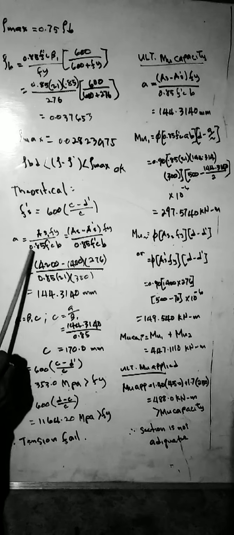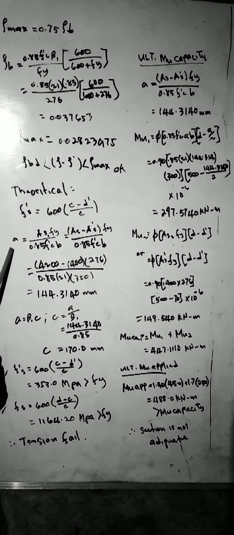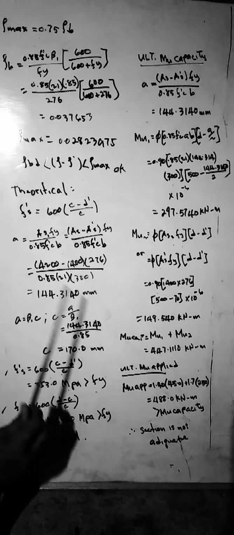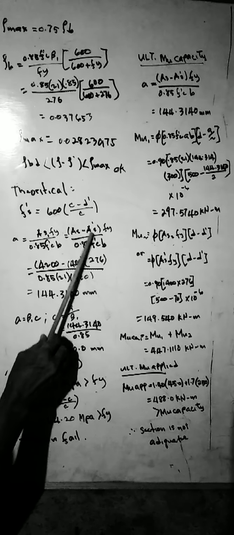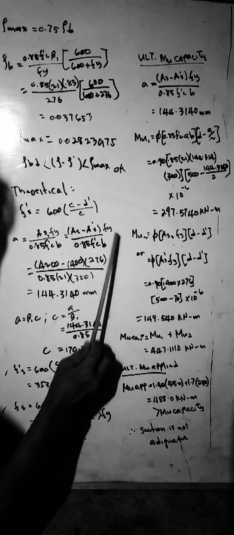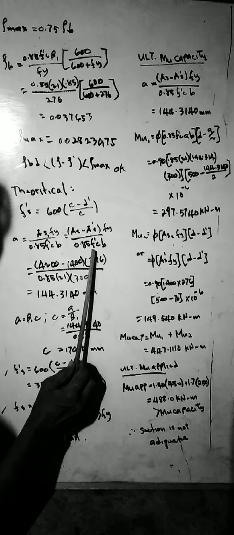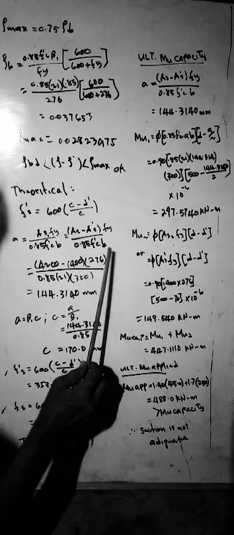So we have this equation to solve the value of a. And this also equals (A_s − A'_s) f_y divided by 0.85 f'_c b.